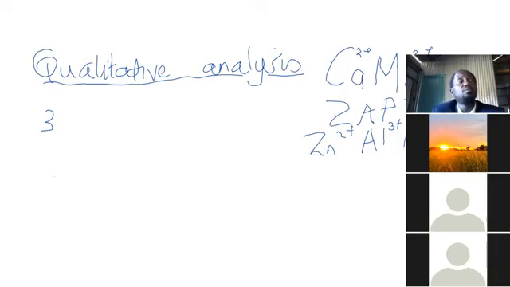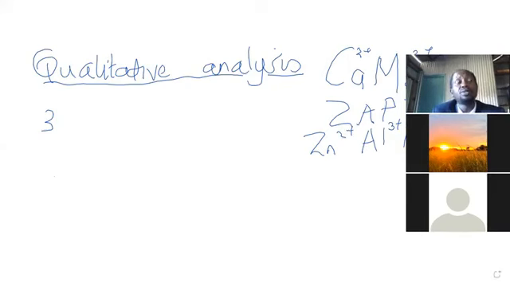So never say no observable change, never say colorless solution formed. You must start with whether there is a white precipitate or no white precipitate. So no white precipitate would mean CAM and ZAP absent. You must mention the 5: calcium ions, magnesium ions, zinc ions, aluminium ions, and lead-2 ions absent if there is no white precipitate.